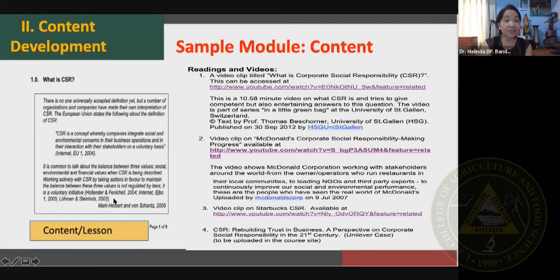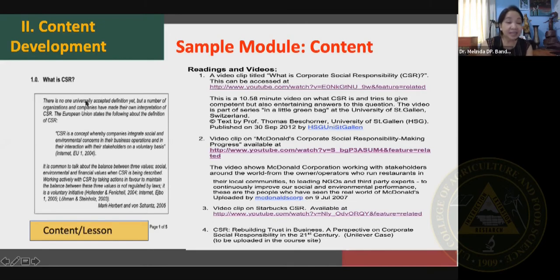So halimbawa dito, I already put there the definition. This is part of module 1. Meanings or definitions, the development of practice. So, meron na akong inilagay just to provide the initial overview to my students.